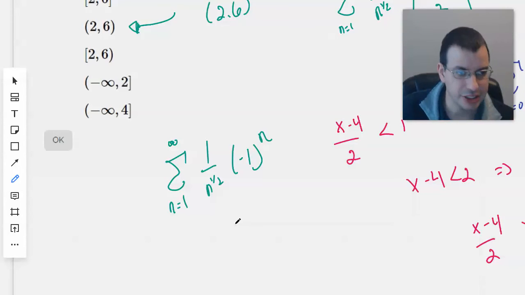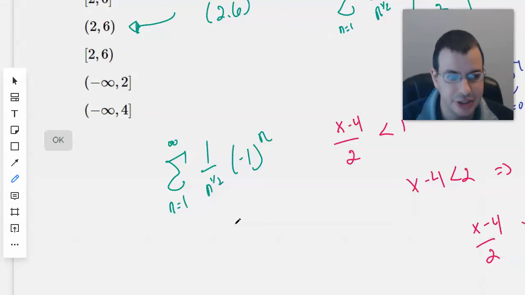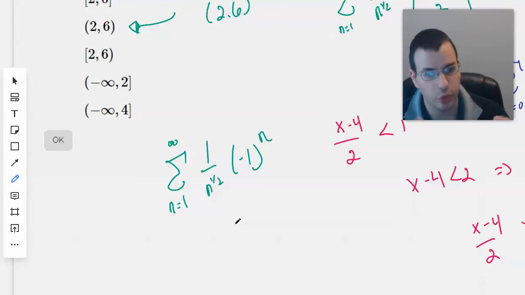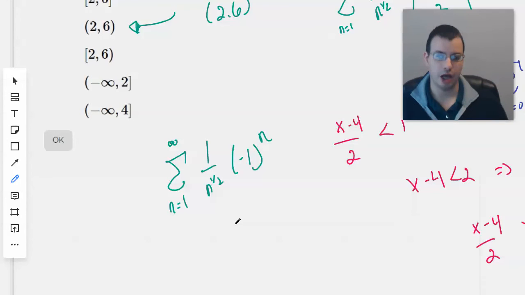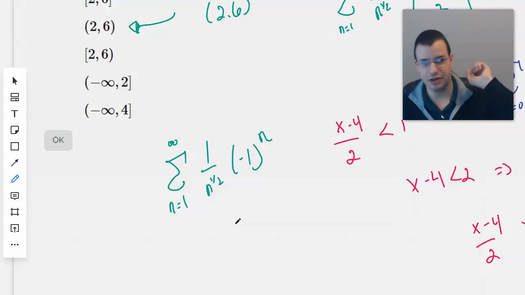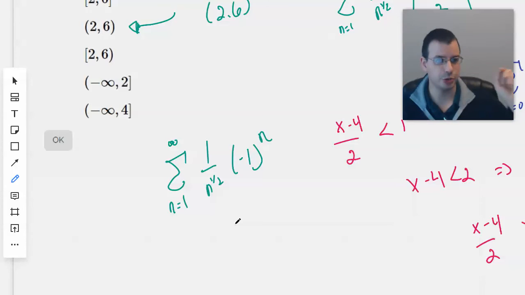The reason is the alternating series test. The requirement is that the terms have to go to 0. 1 over square root of n does go to 0. When n goes to 100, 1 over square root of 100 is 1/10, getting closer to 0. 1 over square root of infinity is 1 over infinity, which is 0. So the series does go down to 0.